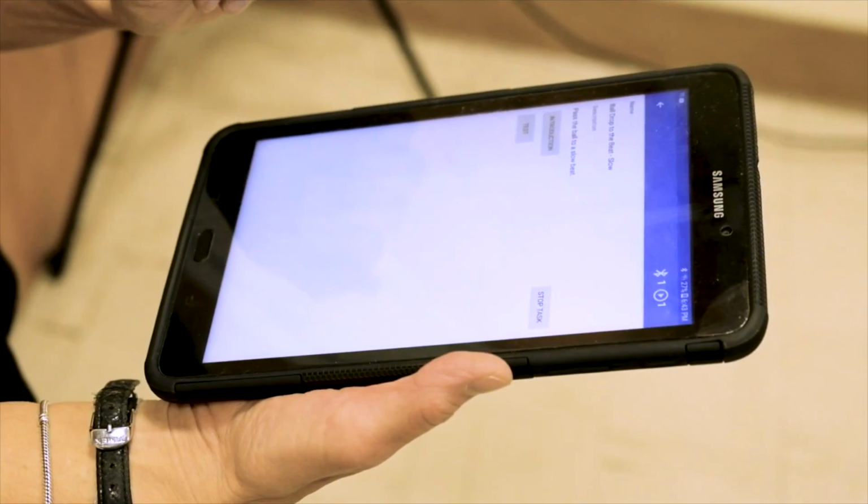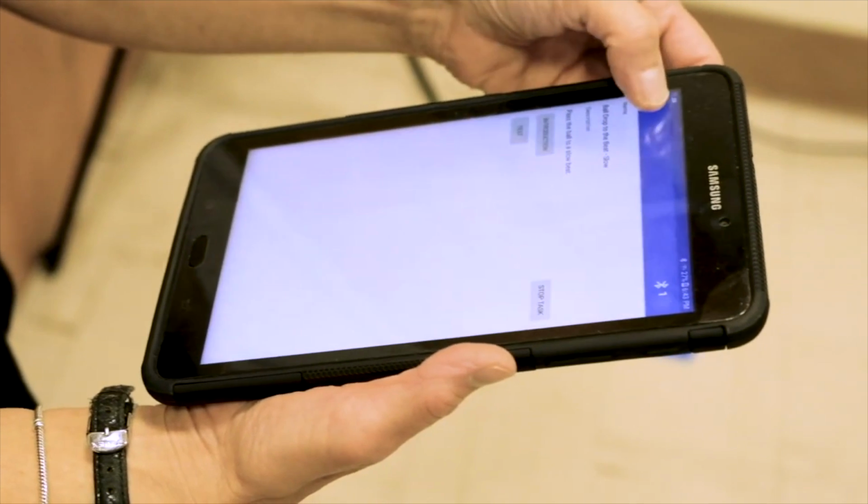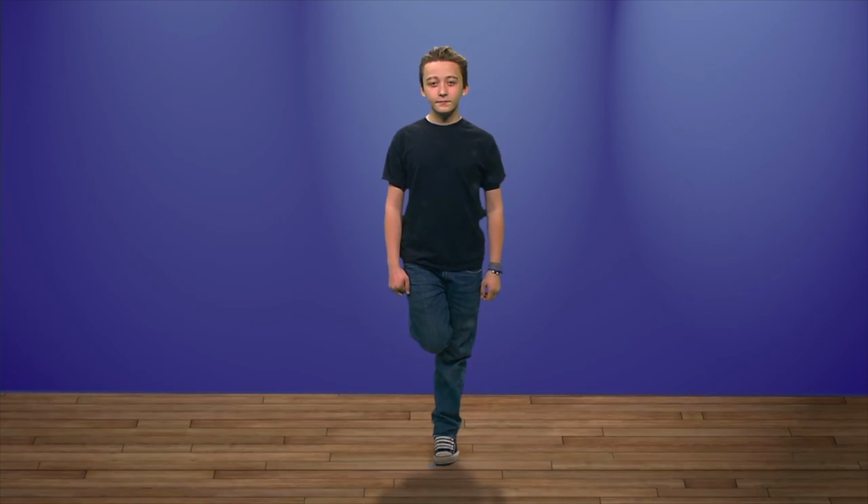There is a person in the room, a technician, who has a tablet with a GUI, a graphical user interface, and he pushes a button on the tablet, and Eliza appears on screen and gives the child the instructions. And perhaps in the instructions, there's also one of the Activate kids who comes on and demonstrates it.